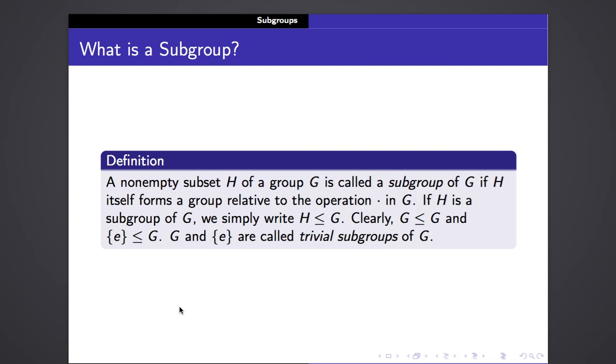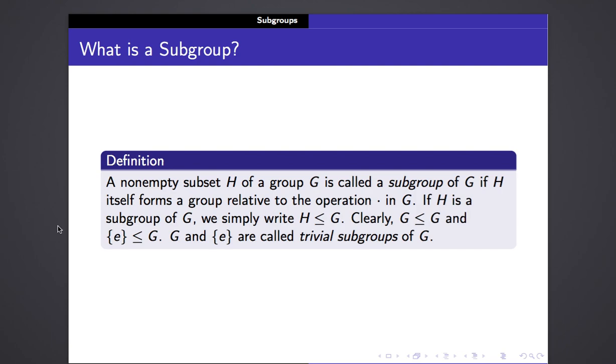So if H is a subgroup of G, we simply write this notation, right? Here, like you see, less than or equal to, but this has nothing to do with inequality. What this means is H is a subgroup of G. Clearly, G is a subgroup of itself, of course.